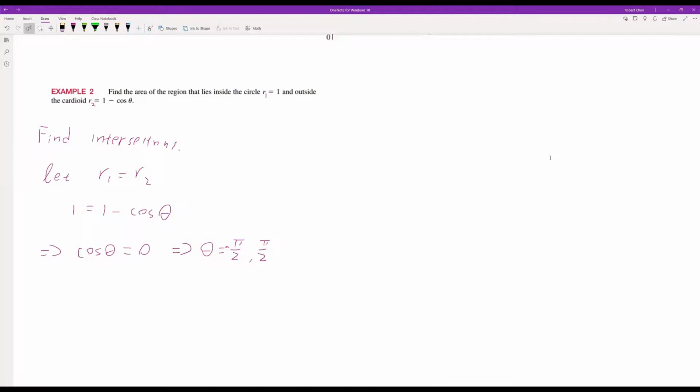You can use Desmos, or on your graphing calculator, you can graph these two functions out, right? So fortunately, we do have a picture that's very nice. All right, so we can see that inside the circle and outside of the cardioid, actually they use R1 to represent the cardioid. Let me just fix that. R1 is the cardioid, and R2 is the unit circle.